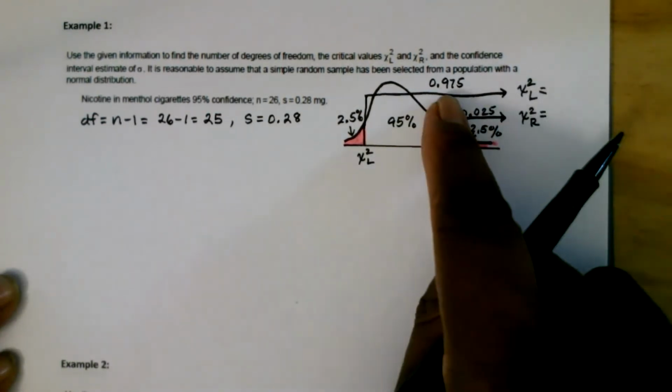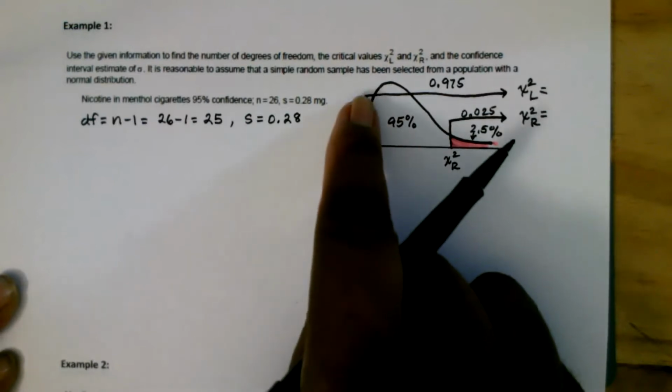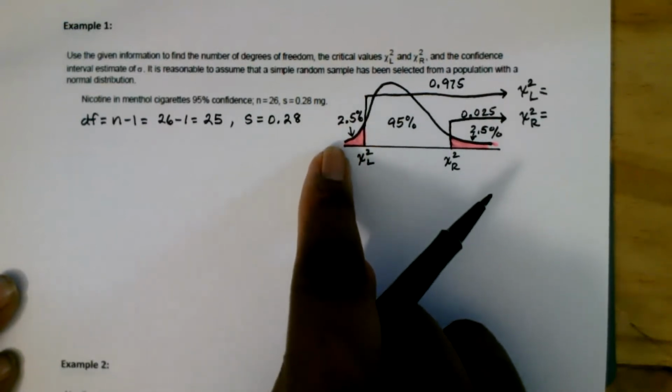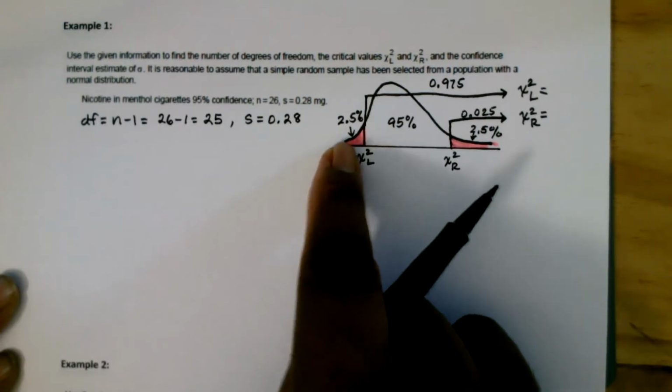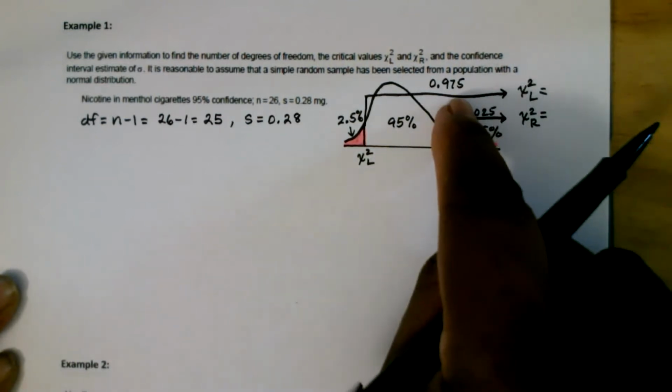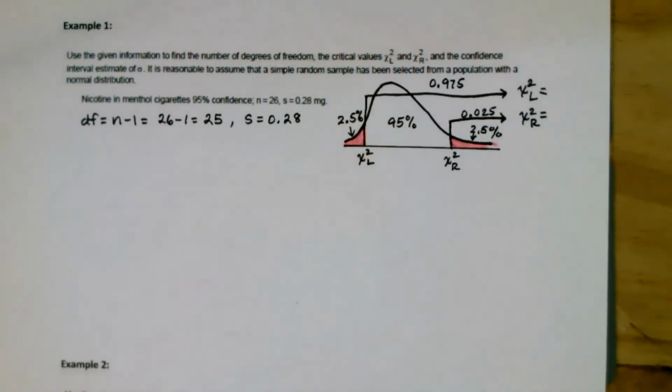Now, another way you could have gotten that would be this. If the area to the left of this chi-square critical value on the left is 2.5%, and the area underneath the entire curve is 100%, 2.5% from 100% will give you 97.5%, or 0.975.